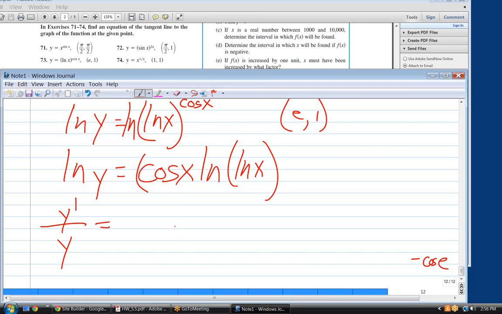So we need to use the product rule. So we got the cosine of x times the derivative of that, which would be 1 over ln x. Like that. Right? And then I can take that x and put it in the denominator like that.